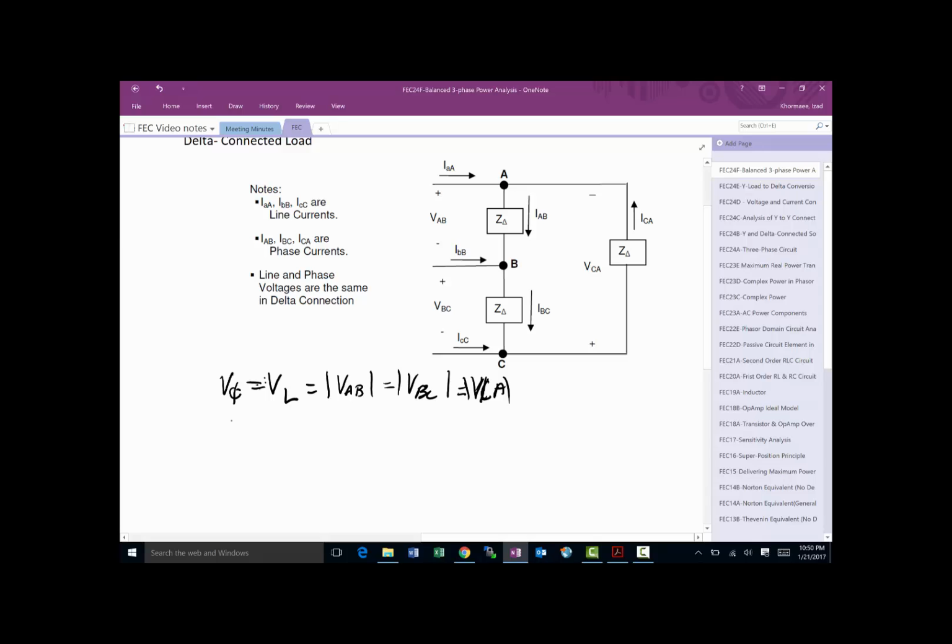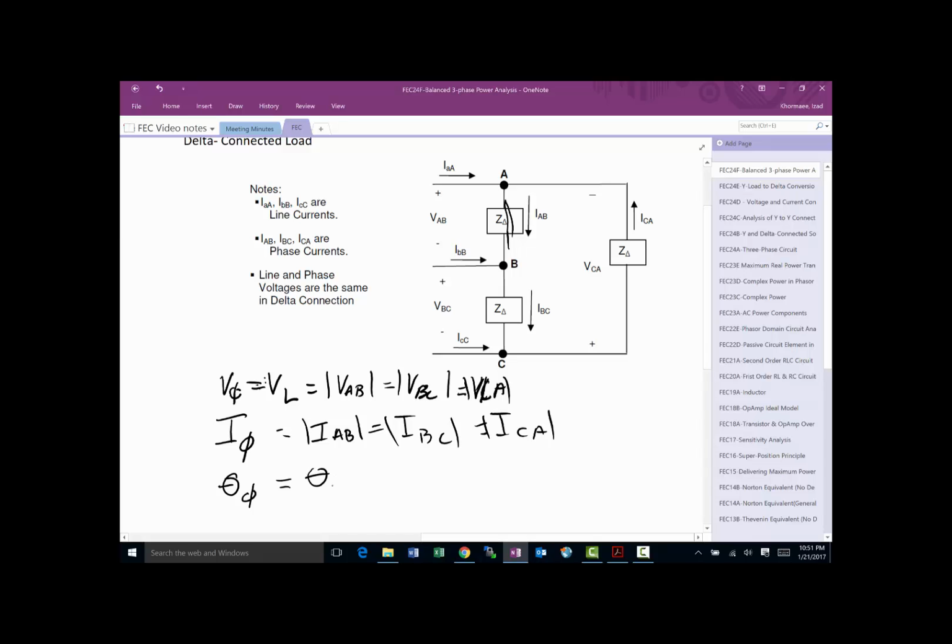I of phi is the magnitude of the phase current, the currents that run through the phase, and the difference theta phi between V and I is, again, going to be the same as before.